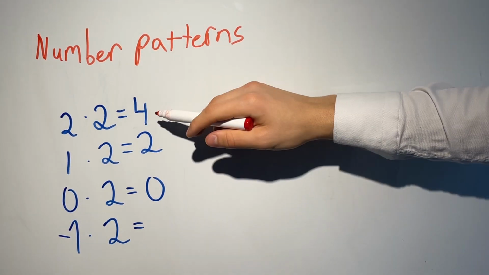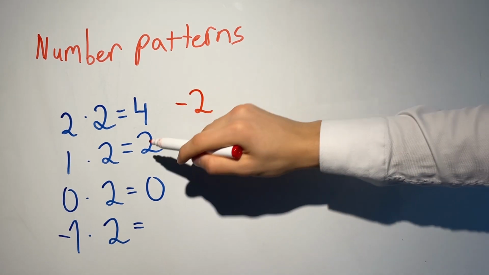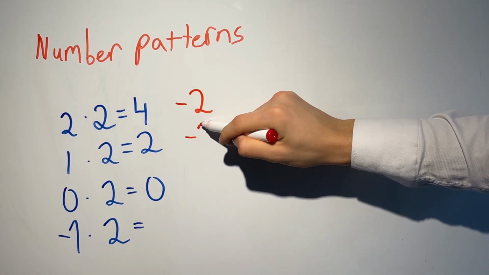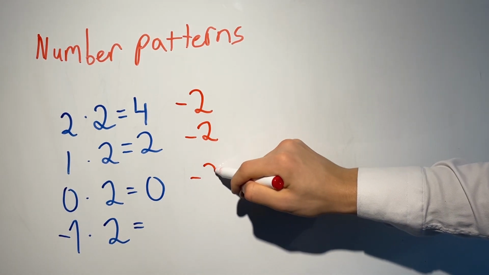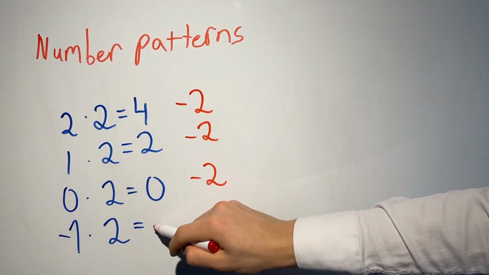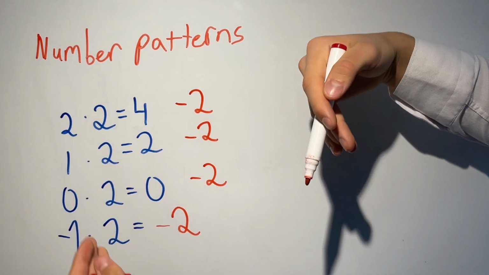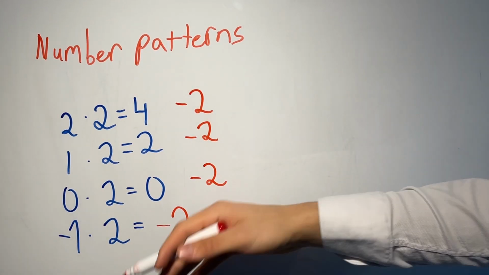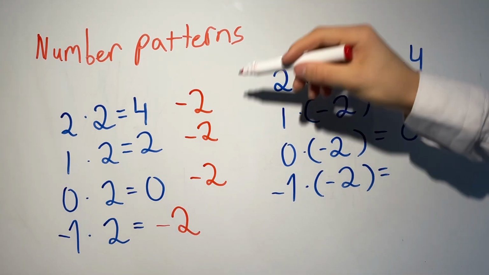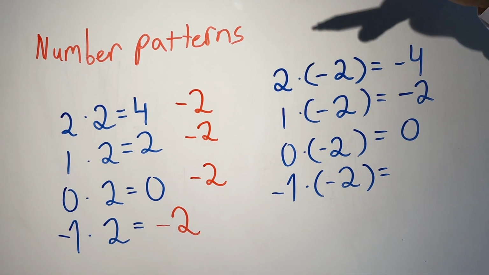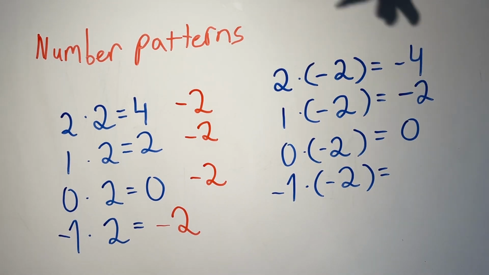So by logic, 4 minus 2 equals 2. 2 minus 2 equals 0. And 0 minus 2 equals minus 2, which is just flipped around 2. So there's the negative. And here we have the exact same pattern, but we have just flipped the 2 to its opposite, or to its negative.